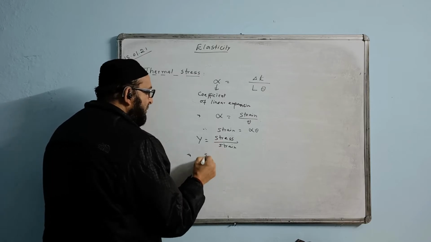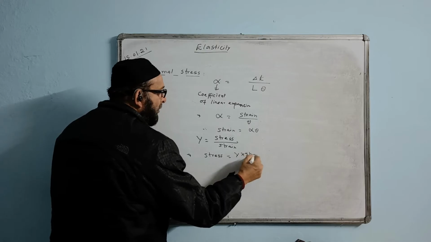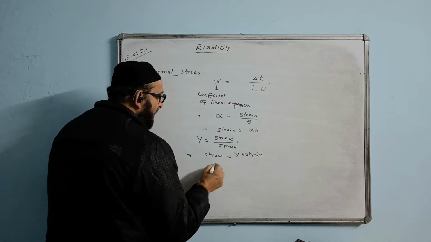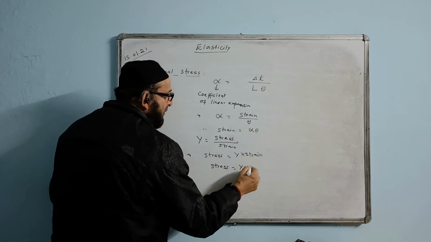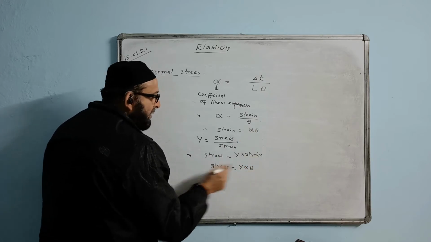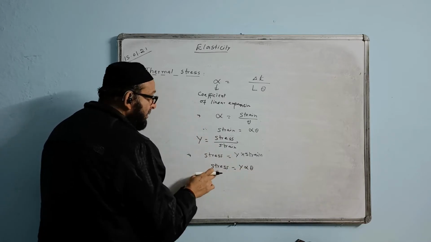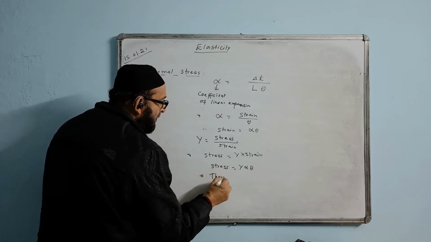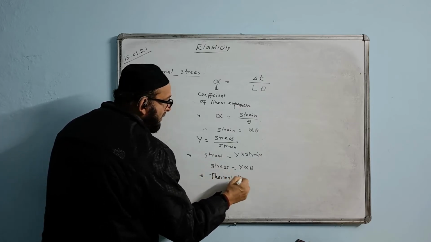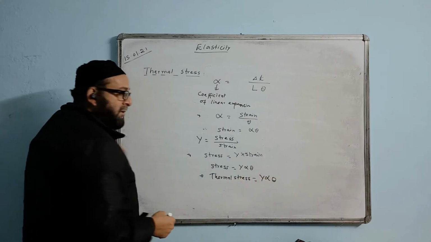So stress is equal to Y into strain, and the strain value is alpha theta. Such a stress, related to temperature rise, is called thermal stress. Therefore, thermal stress is equal to Y alpha theta. This is the formula of thermal stress.